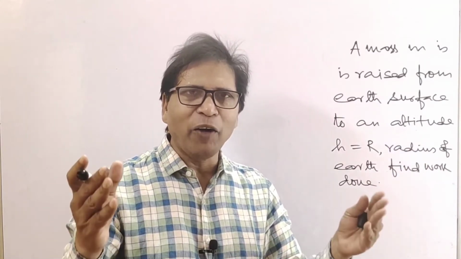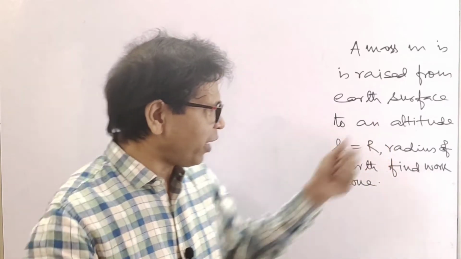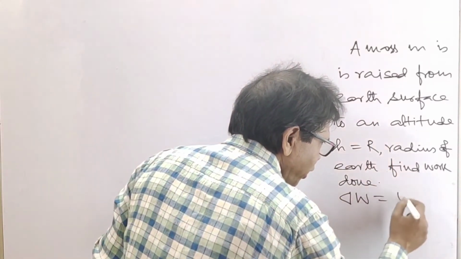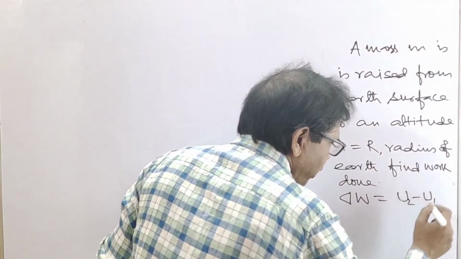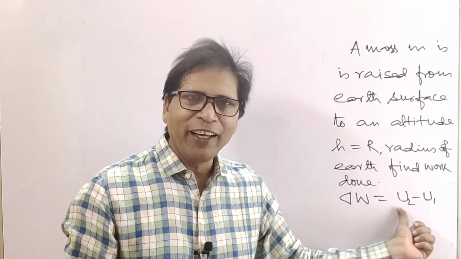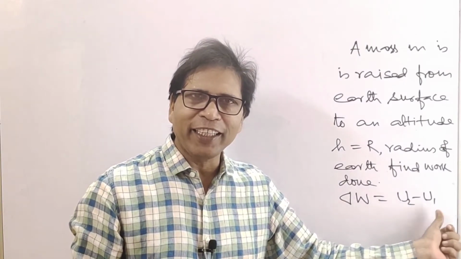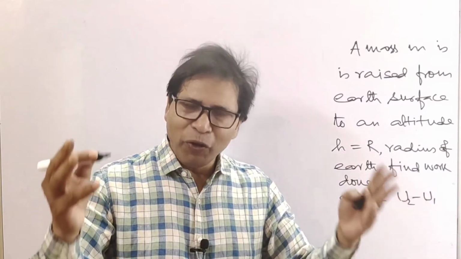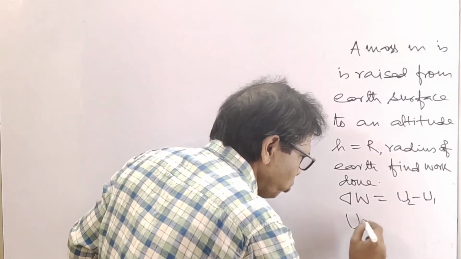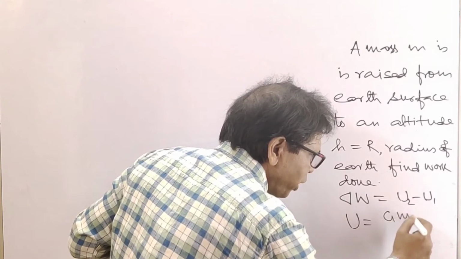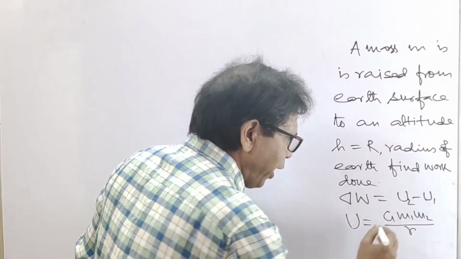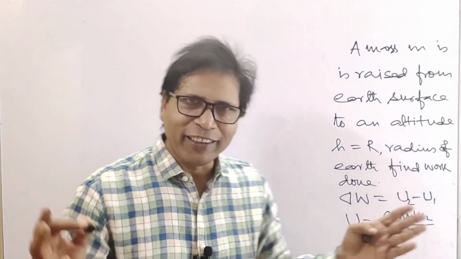Now the formula for this numerical: work done is equal to U2 minus U1, that is potential energy at the final position minus potential energy at the initial position. You know the expression of potential energy U equal to G m1 m2 divided by R, okay, and with negative sign. Understood?